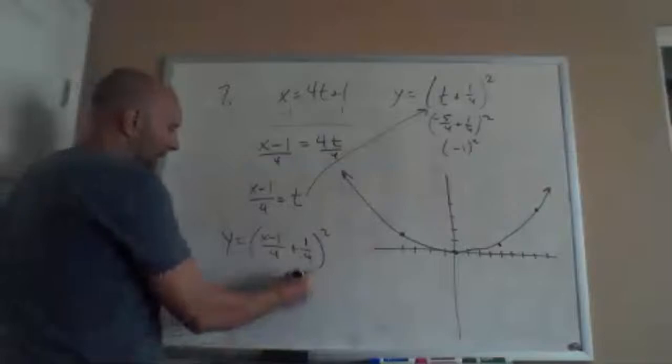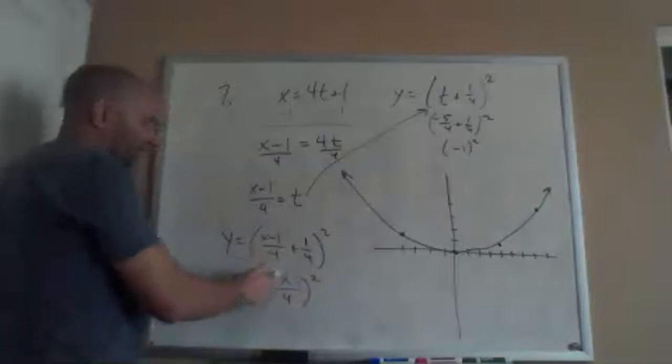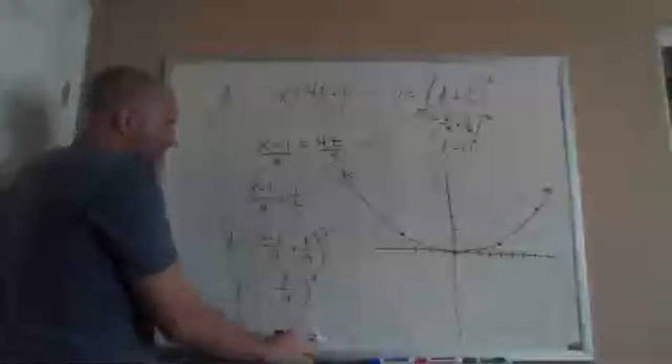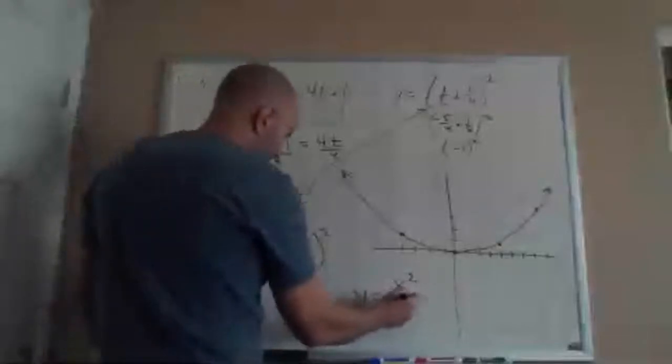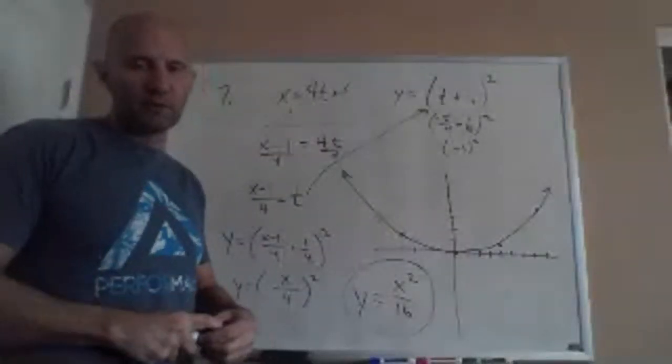I'm just left with x in the numerator. So you have y is equal to (x over 4) squared, which if you simplify that is y is equal to x squared over 16. And again, that's a parabola that's really wide. So this equation matches up with what we sketched to begin with.